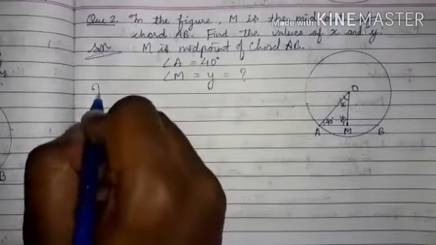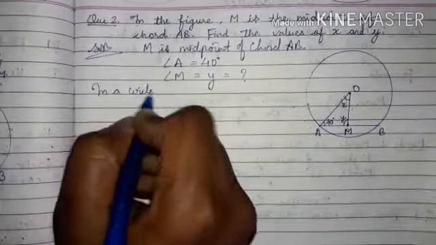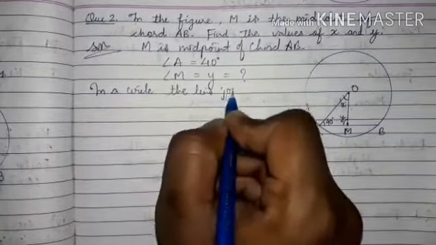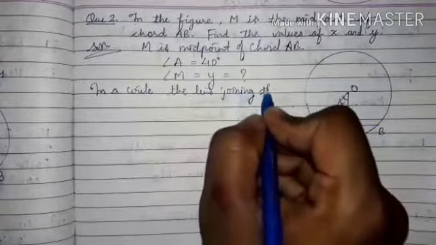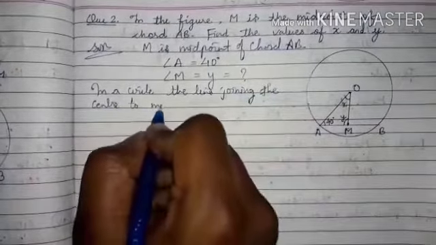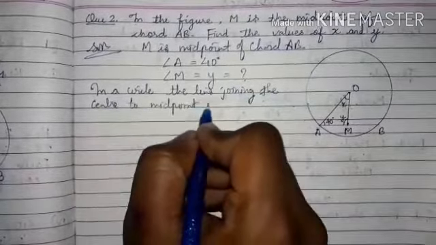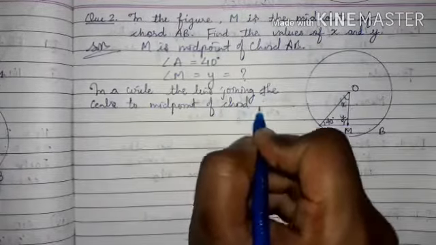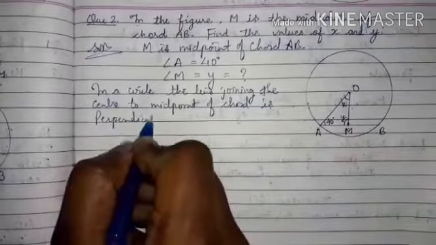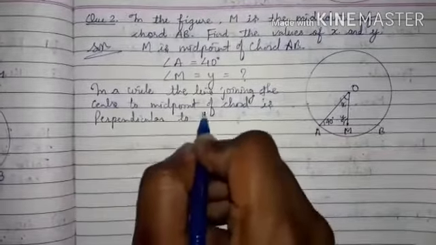So in a circle, the line joining the center to the midpoint of a chord is perpendicular to the chord.